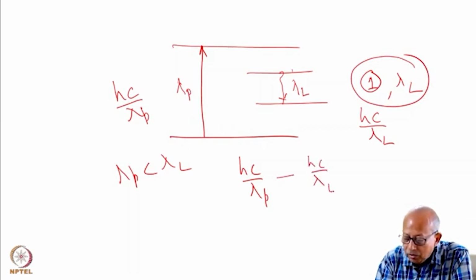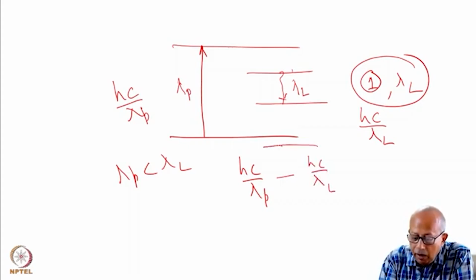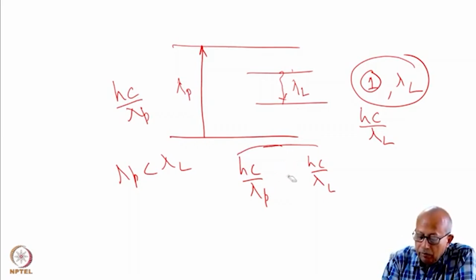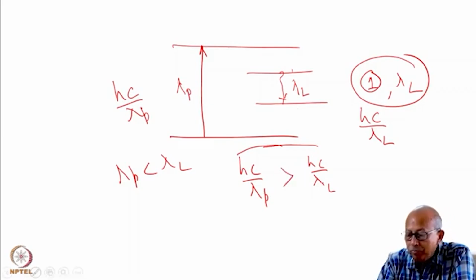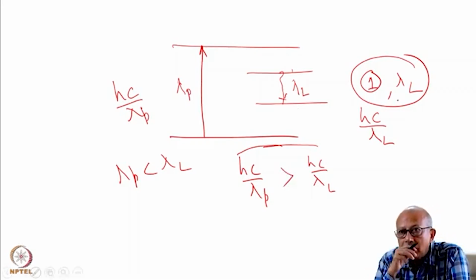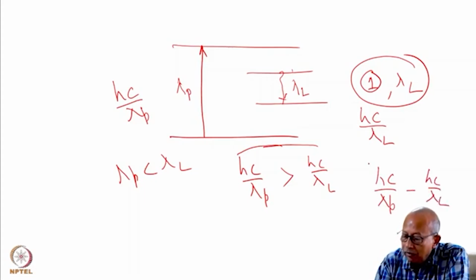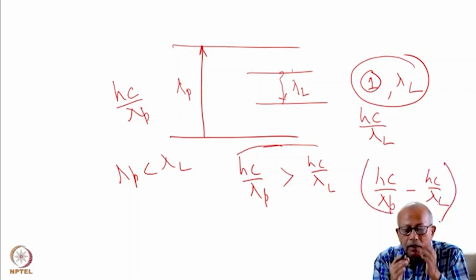So this is the energy difference. hc by lambda p, that is the pump energy, is more than the energy of the photon that is created. So this much energy, hc by lambda p minus hc by lambda L, stays back in the system.